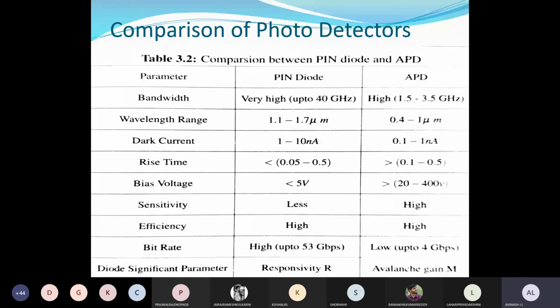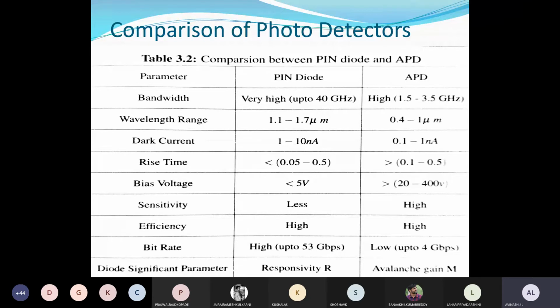So that much generation is going to happen. But with an avalanche photodiode, it is up to 4 Gbps. So in the PIN diode the bit rate is high, and in the avalanche photodiode the bit rate is low.